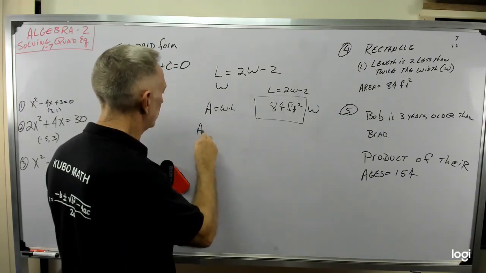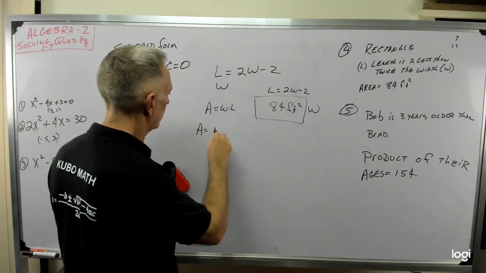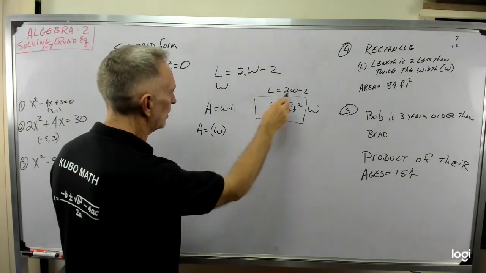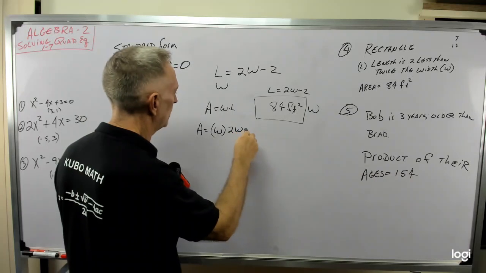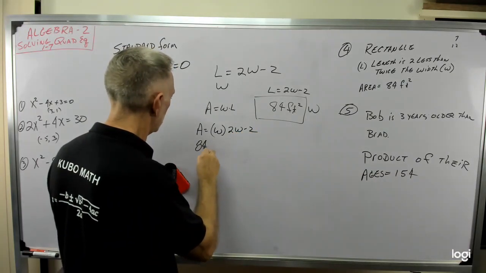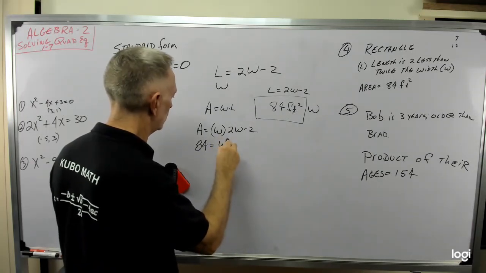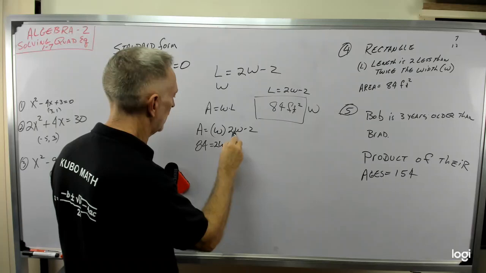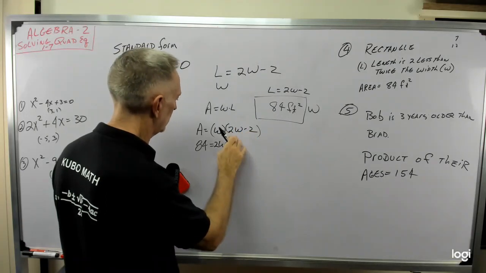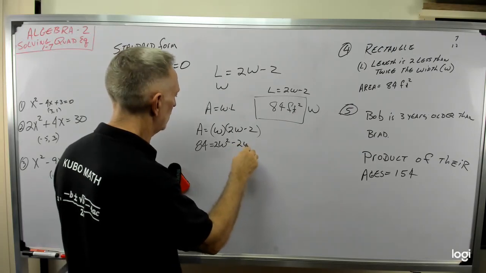So the area then is width times length, which was 2W minus 2, and this equals 84. W times 2W gives me 2W to the second power minus 2W.